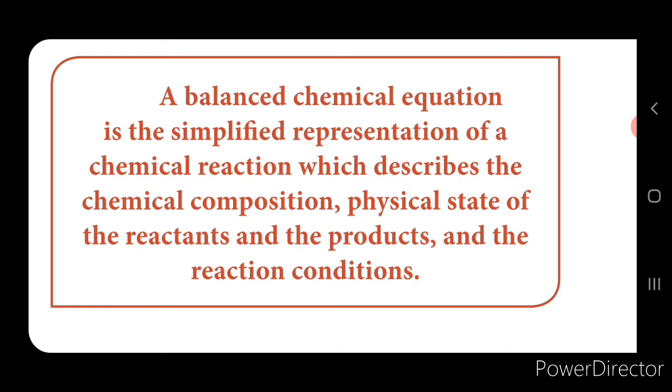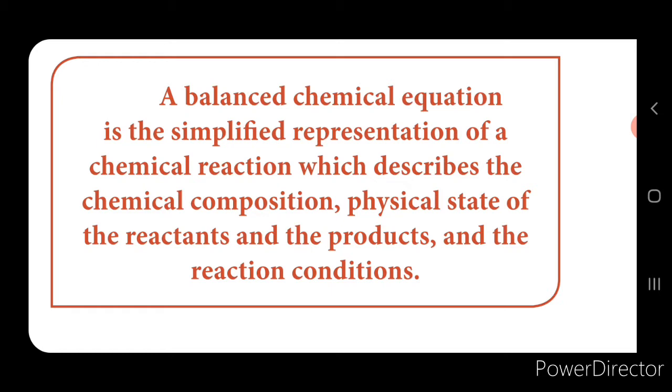Now when we were seeing the example of methane combining with oxygen to give carbon dioxide and water, we said that the states, the phase of the reactants and the products are represented using symbols, isn't it? And the reaction condition is also mentioned in the reaction.